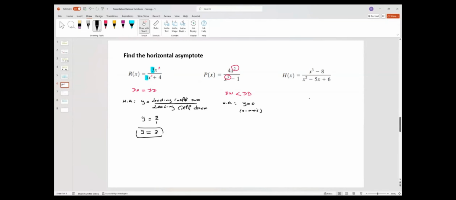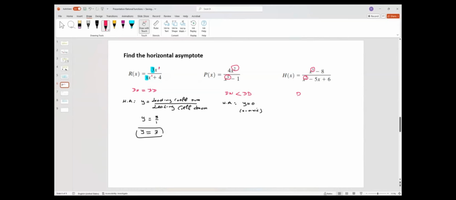And then finally, we have this other function that is h of x equals x to the third minus 8 over x squared minus 5x plus 6. In this case, when you analyze the relation between the degrees, you see how the degree of the numerator is greater than the degree of the denominator.